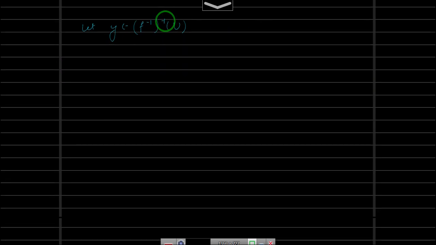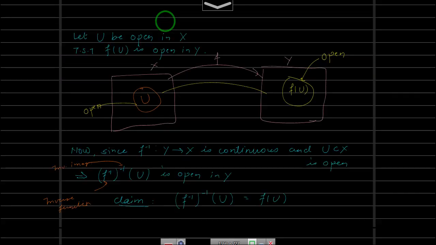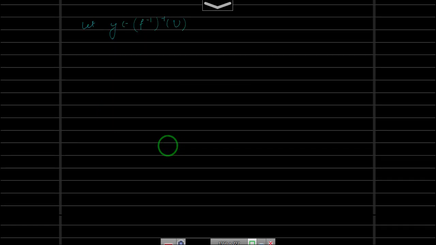Let y belong to the left hand side, that is the inverse image of u under f inverse, which will be in Y. You are taking a point in this.